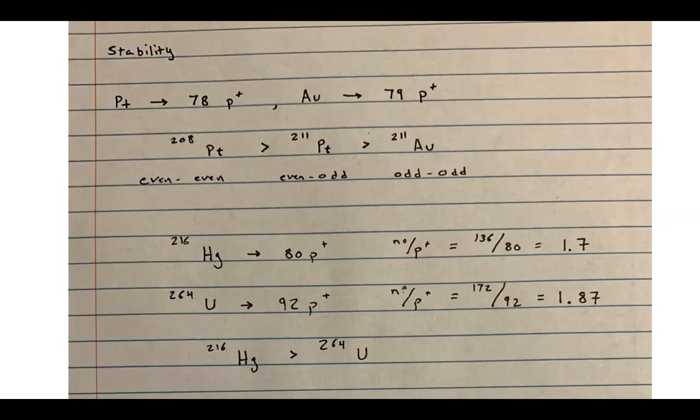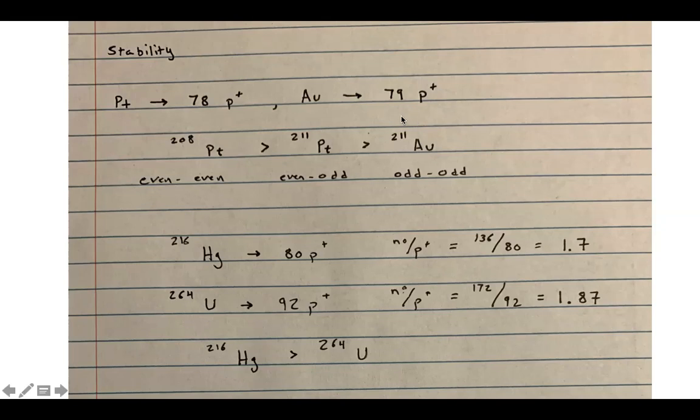If you have an even amount of neutrons or protons and the other one is an odd number, that has a lower chance of being stable. And if you have an odd number of both protons and neutrons, that will actually have the lowest stability relatively, okay?